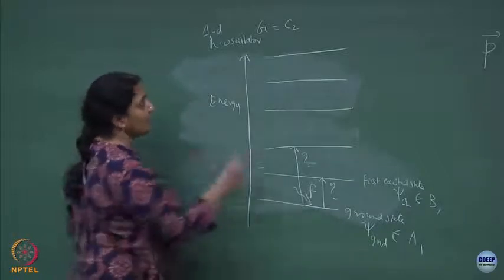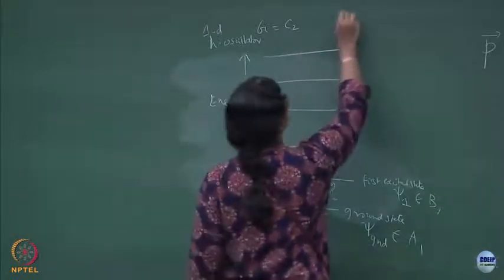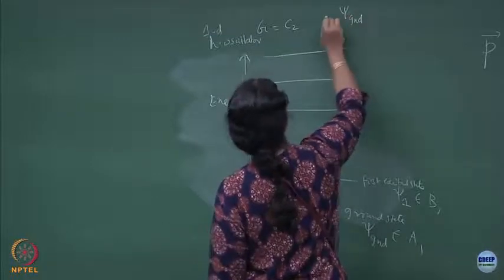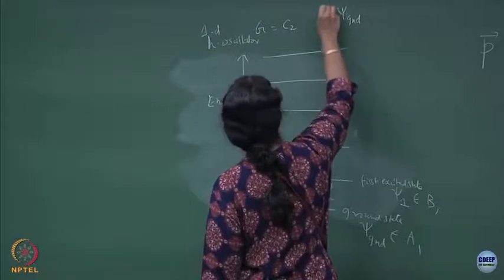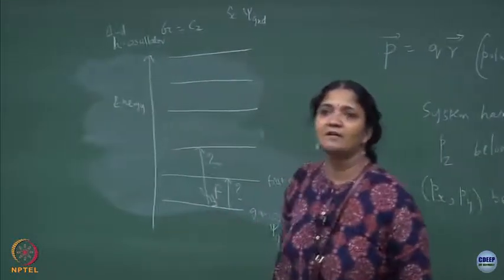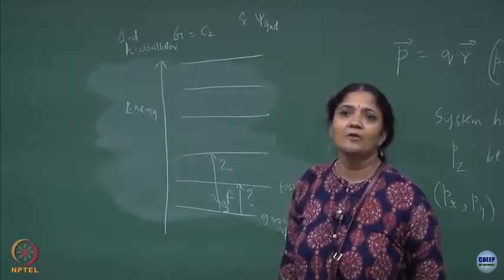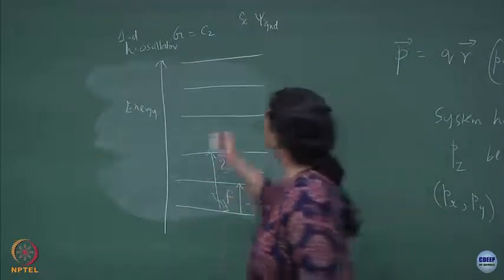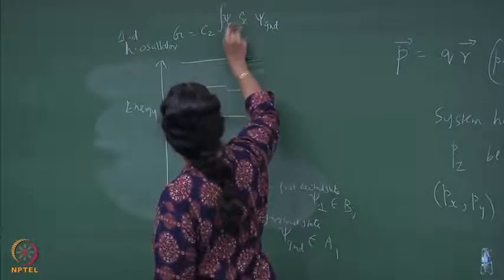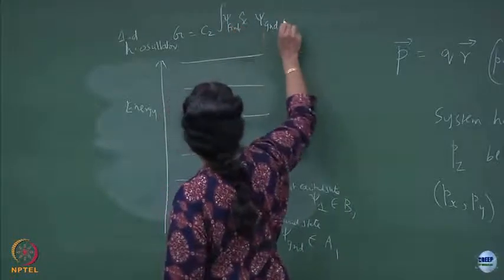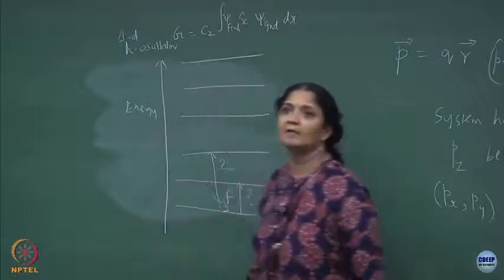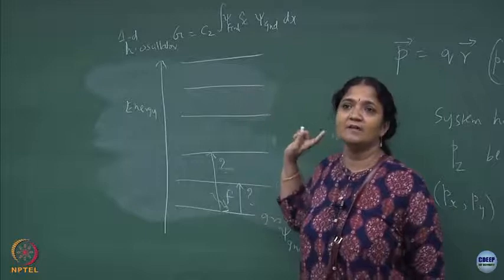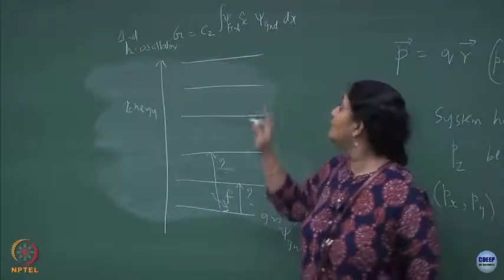For example, if I take the initial state to be the ground state and I put the operator as x operator, let us look at only the x component of the electric dipole moment, which is non-zero, and I want to look at psi final, integrated over dx. You all know how to do this, right?